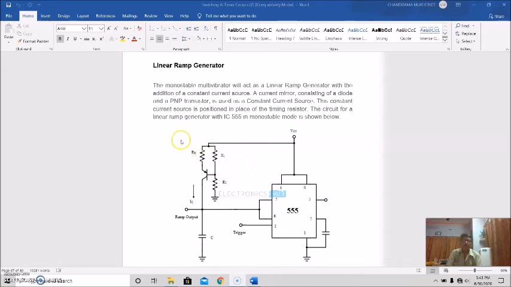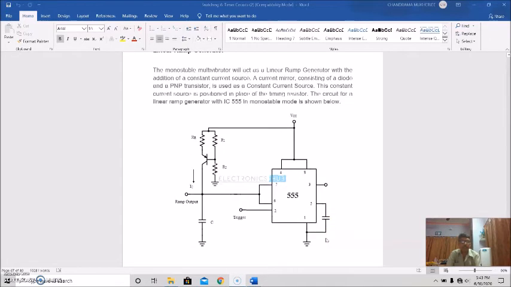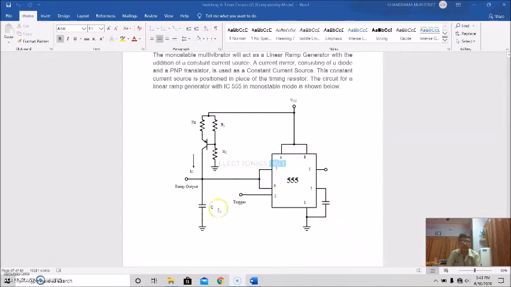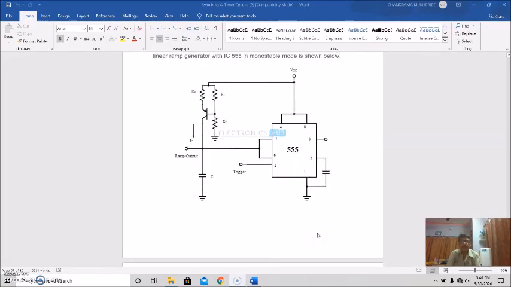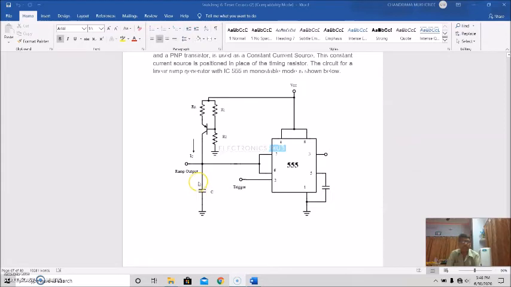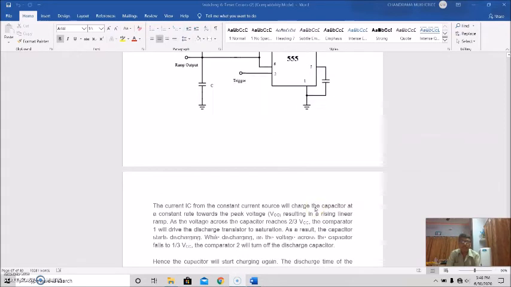The circuit for a linear ramp generator using the 555 timer IC in monostable mode is shown here. So this is like this. This is the ramp output. Let us see the constant current IC from the constant current source.